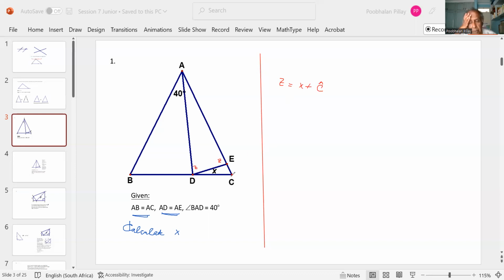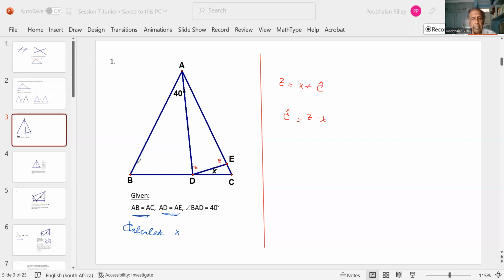Now, that's useful because now I can calculate angle C. C is equal to Z minus X. If you make angle C the subject of this formula, you bring the X to the other side, you'll have C all alone. So angle C, now we know what it is.